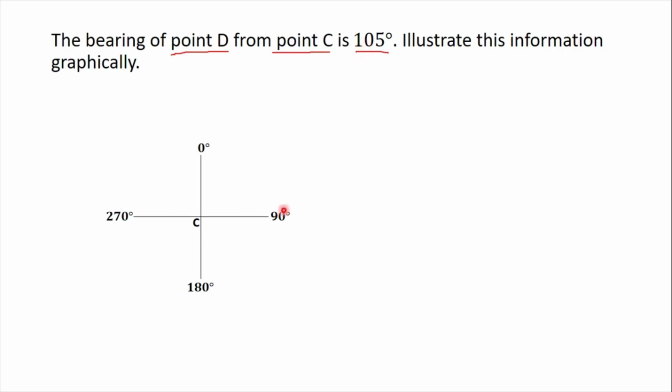You are going to get that by subtracting 90 degrees from 105 degrees. That will be 15 degrees. So it means that you measure 15 degrees from 90 degrees, then you draw the line. So we have indicated our starting point. We have been able to draw our bearing. The ending point is point D, so you indicate it on the diagram as point D.